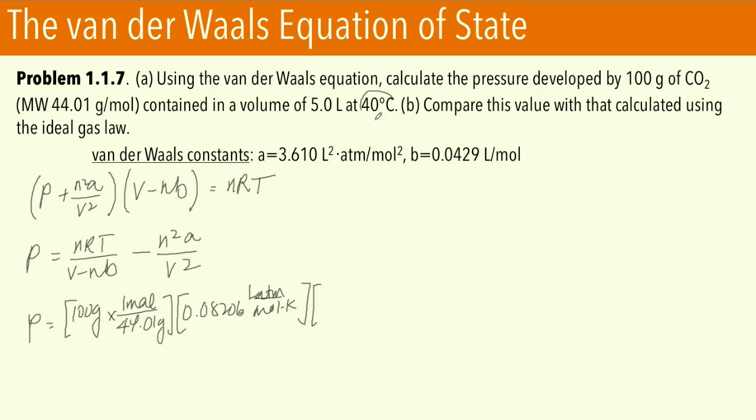Our temperature is 40 degrees Celsius, so let's convert this to Kelvin. 40 plus 273.15 is 313.15 Kelvin. Let's write that down.